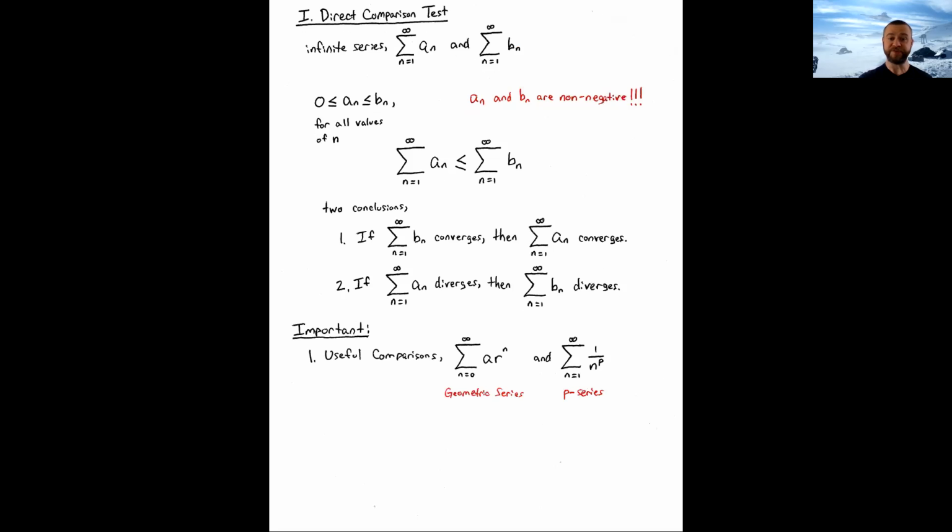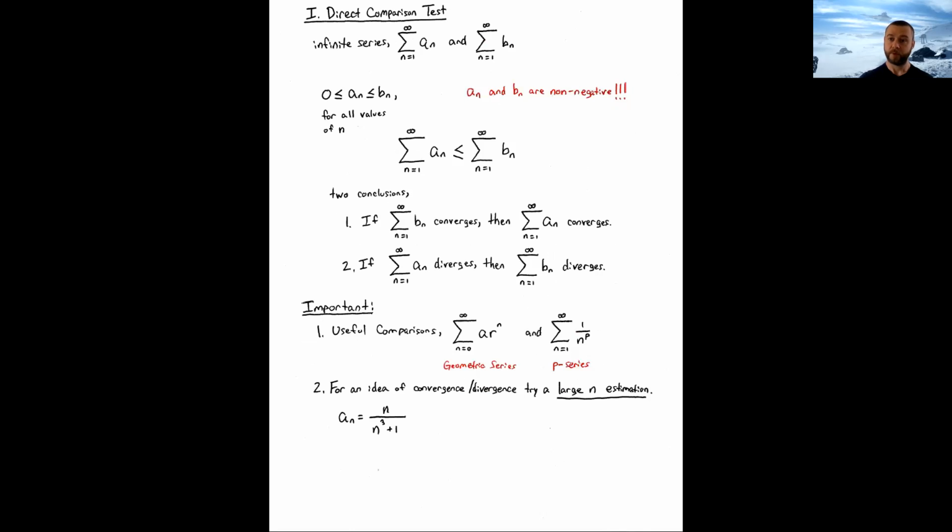All right, for our purposes, there's going to be some useful infinite series to do the comparison with. Two infinite series that have very clear convergence and divergence criterion, which are the geometric series and the p series. Now, in order to apply the direct comparison test, you need to have some idea if the given infinite series you're working with converges or diverges.